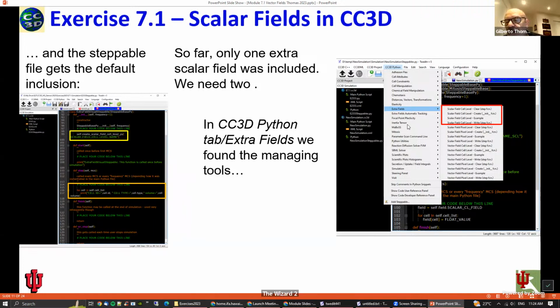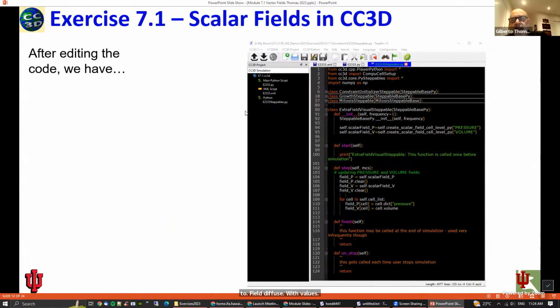And now we are going to include the part where we want to fill the field with values. I'll do that this way. We did the code. This is the way you have to implement.